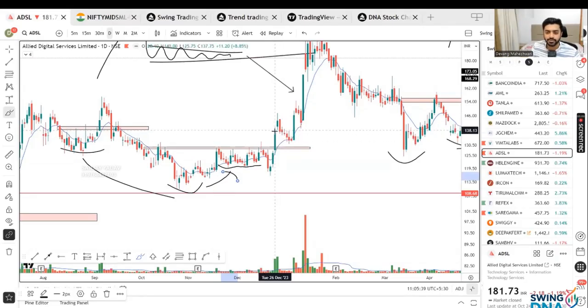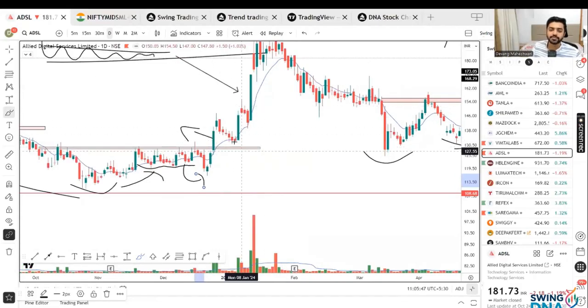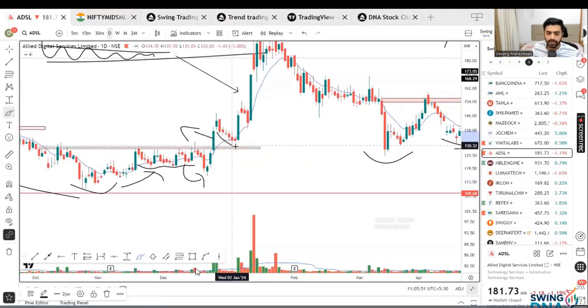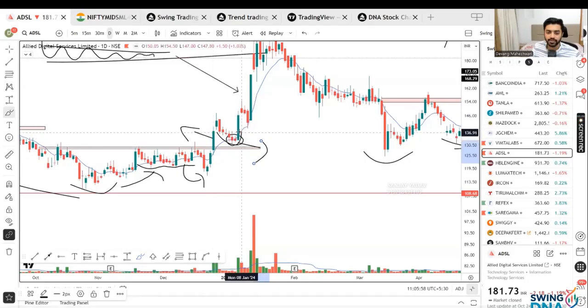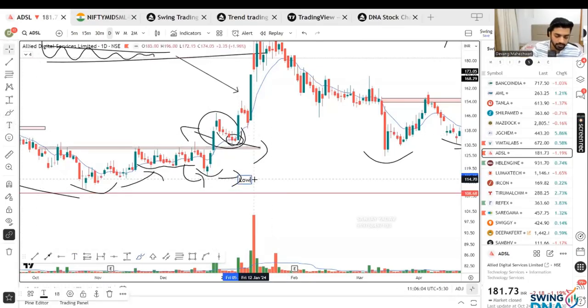So this is not a very good action that we are looking for. That it goes down and then it makes a lower low and then simply breaks out. Then you need some kind of higher low again. So here it again made a higher low, went below the moving averages and then moved up. So this is a correction of this wrong lower low. Okay, this is a lower low.